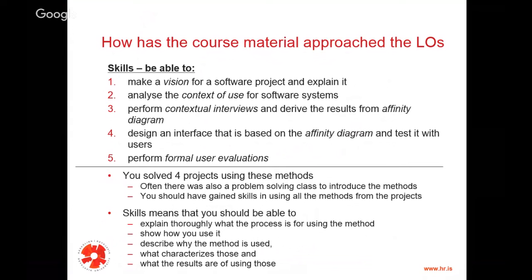So you take out their vision, analyze context of use, you perform contextual interviews, affinity diagram, design an interface that is based on an affinity diagram. This is the walking the wall method. And perform formal user evaluation. You also actually performed informal evaluations.